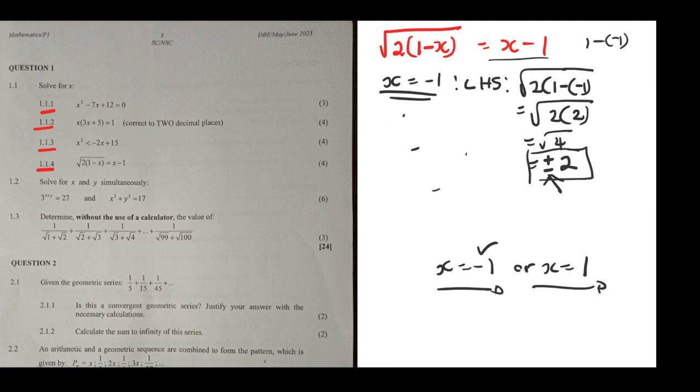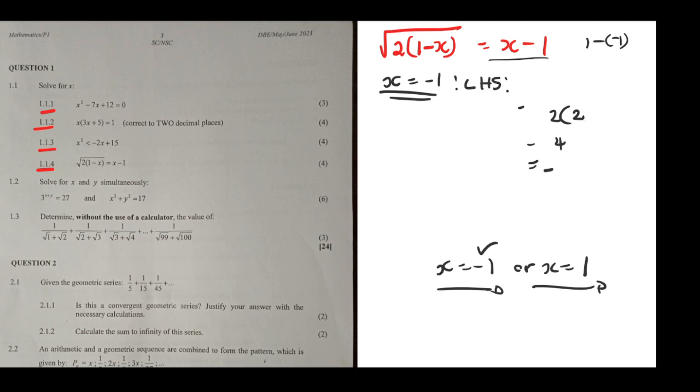We do the checks again for the other solution of x, which is x equals 1. So we're going to try that out. You put the root of 2 into 1 minus 1, which is just going to give you 2 into 0, which is the root of 0, which is 0, basically, right?